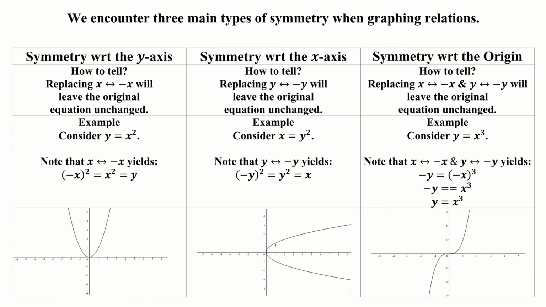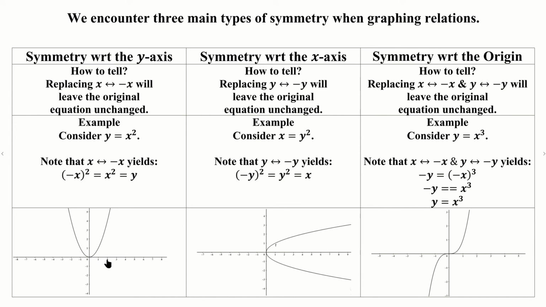All right, the next concept we want to understand with respect to graphing techniques is the notion of symmetry. There are three main types of symmetry that we encounter when we're graphing relations, some of which happen to be functions. Symmetry with respect to the y-axis, okay?